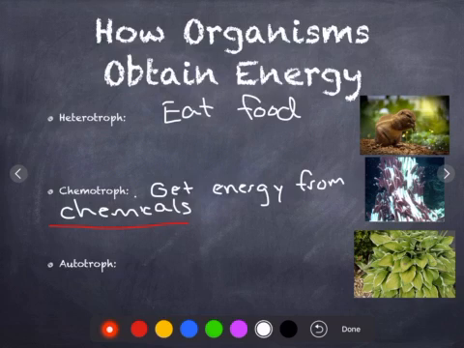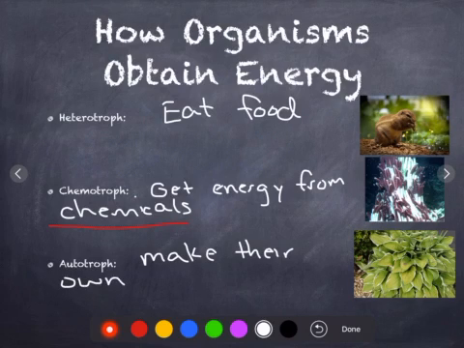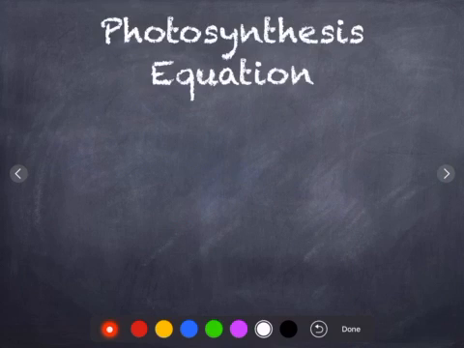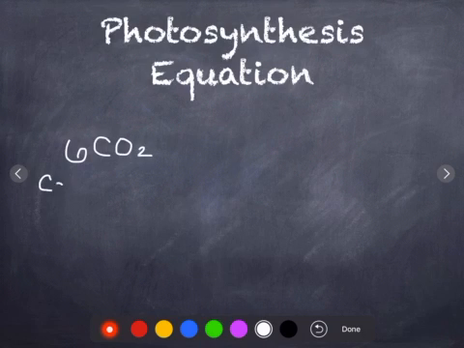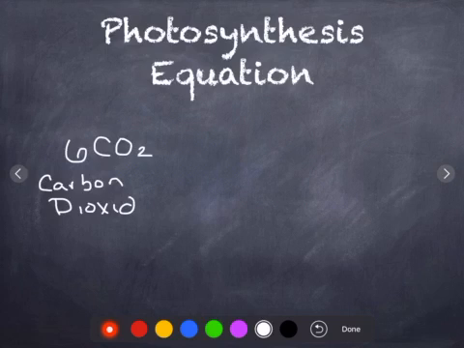Now, autotrophs are what we talk about in photosynthesis. And autotrophs make their own food. And they make their food from doing the process of photosynthesis. So the equation for photosynthesis is as follows. So we take 6 CO2 molecules, which is carbon dioxide. We add that with 6 water molecules.